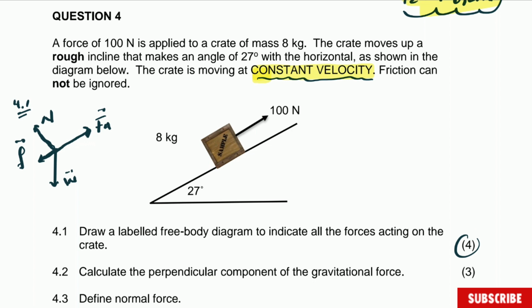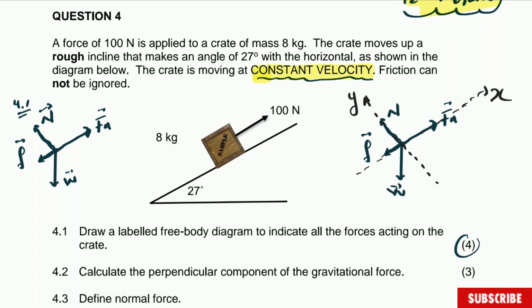Calculate the perpendicular component of the gravitational force. Now for that one, we're going to have a free body diagram, but a full free body diagram, and we're going to do it on this side. So for that one, we are going to be adding the axes. So those are the axes. And now the components of the weight projected perpendicular to the y-axis, this one is the perpendicular component they want you to get.